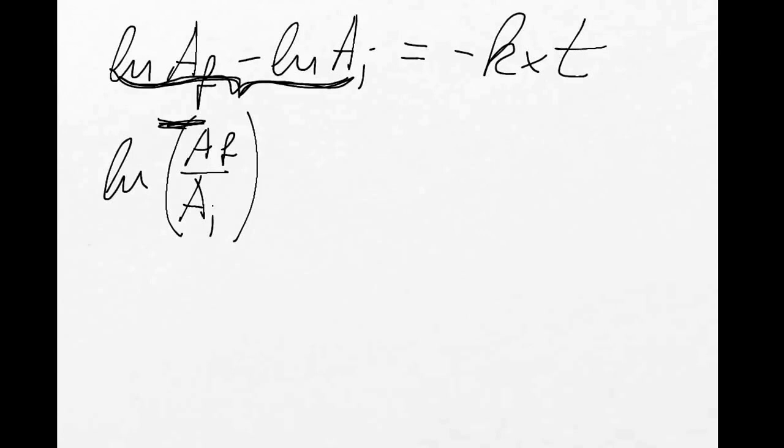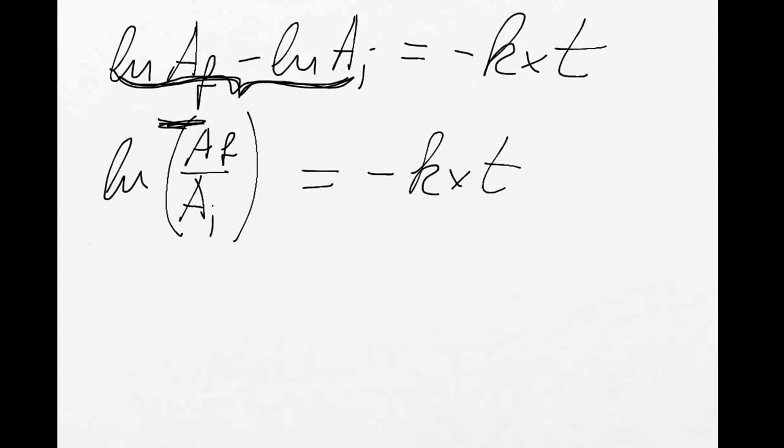So you first calculate A final divided by A initial, and then you ln it. Equals minus k times t. Well, okay, fine. But that still doesn't help me a lot, because I still have this ghastly ln in it. How do I get rid of an ln?